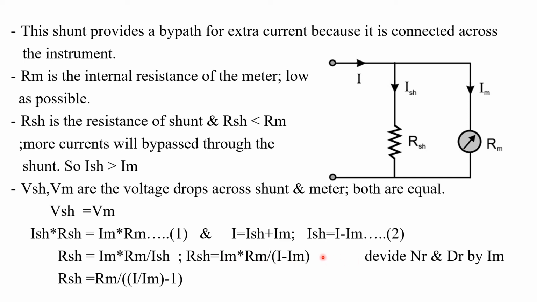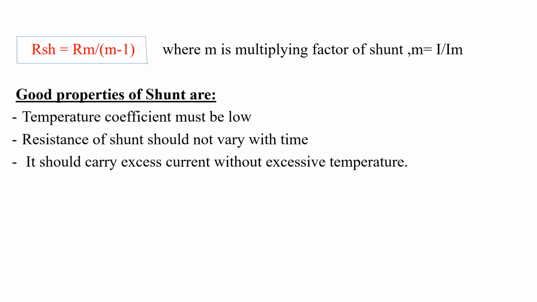If we divide both numerator and denominator by the common term Im, then we get RSH is equal to Rm divided by I by Im minus 1. So RSH is equal to Rm divided by M minus 1.